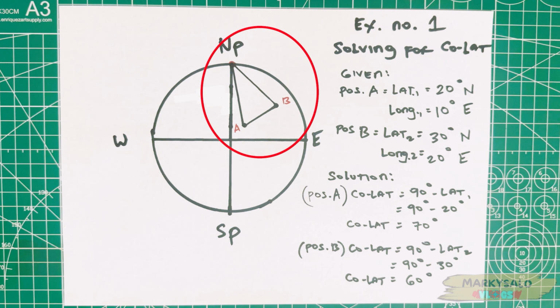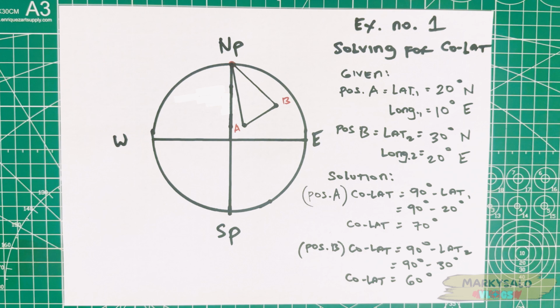Okay, so using the sailing triangle, from point A to point B, we just need to connect it, and that line represents our true course and distance. But since we are particularly solving for colatitude, we need to focus on the latitude.